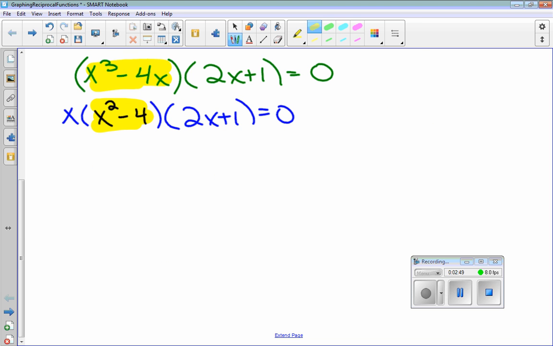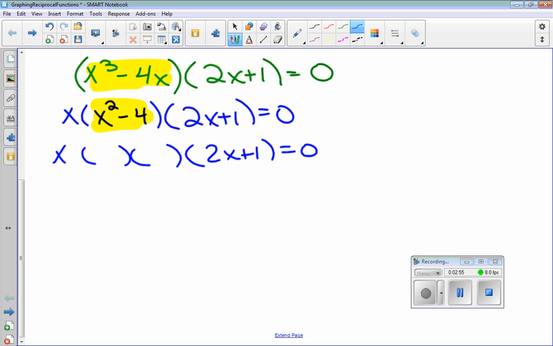So completely factored, what does x squared minus 4 factor into? The difference of perfect squares would be x plus, x minus, and what's the square root of 4? So 2. So x plus 2, x minus 2.